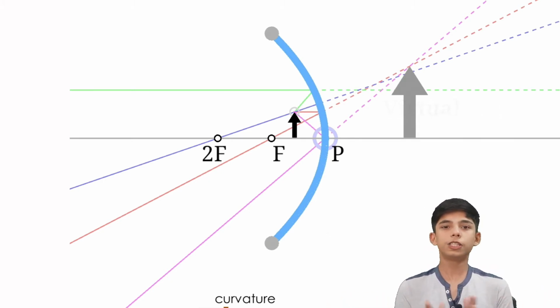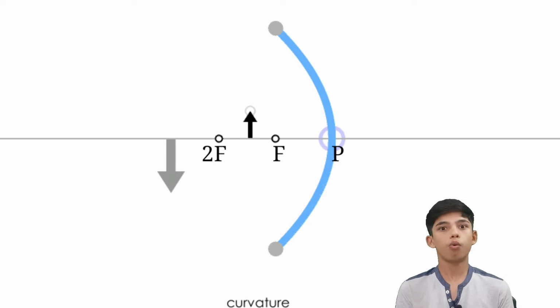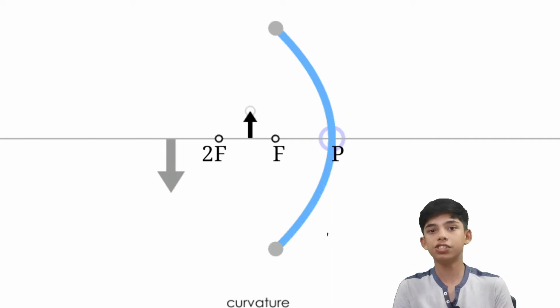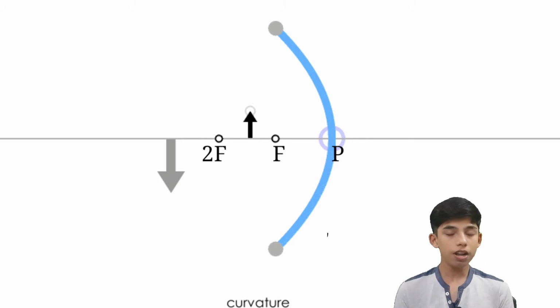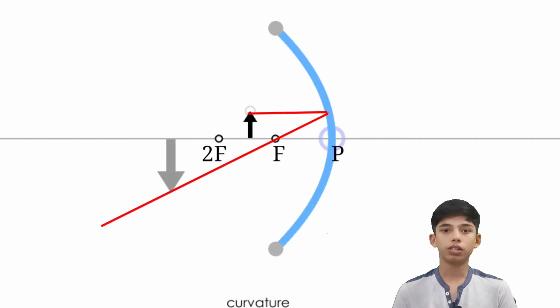So now let's move our object between the focus and the 2F, and we got it, right? In this case the image would be enlarged as well as real, right? But how? So let's try to draw our ray diagram. Let's take some of our special rays. We have one ray which goes parallel and passes through the focus.